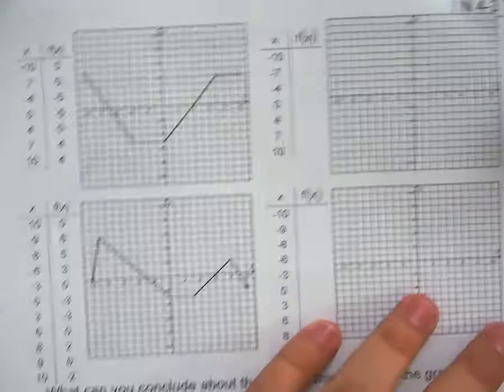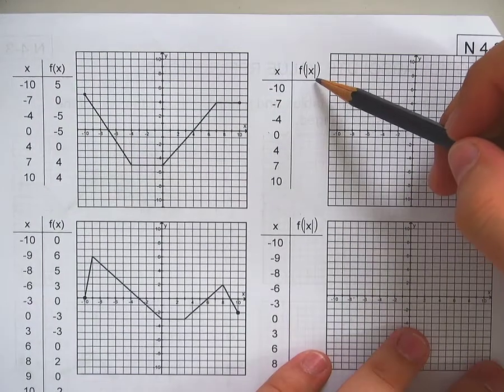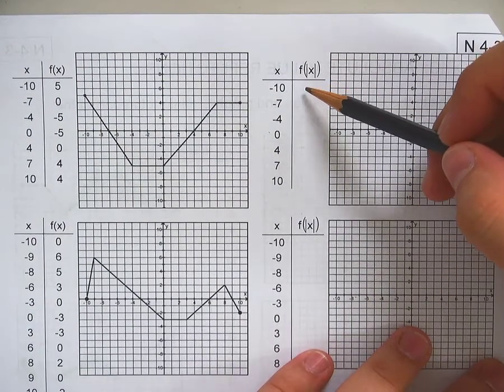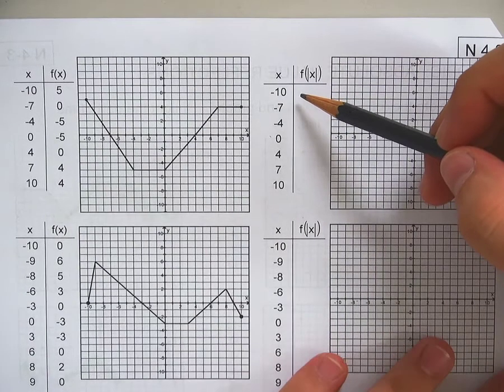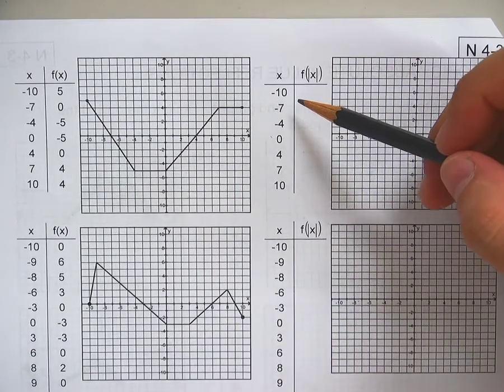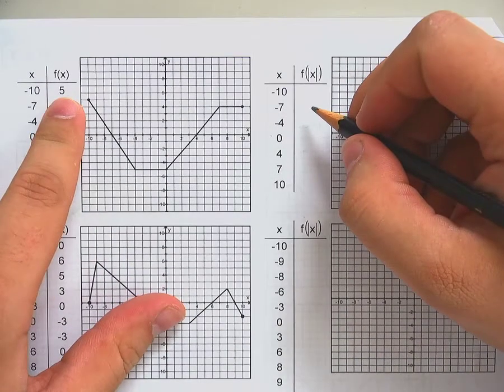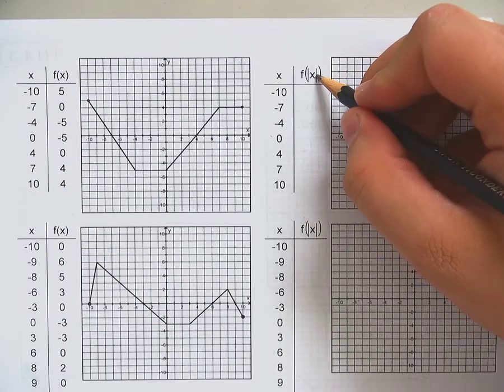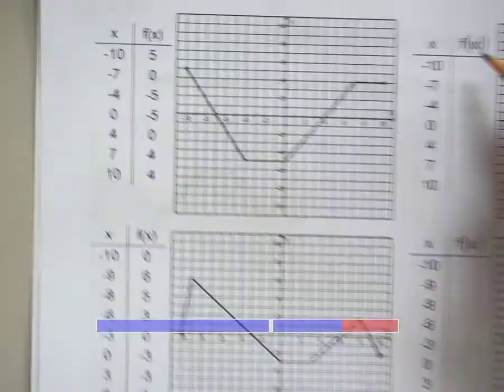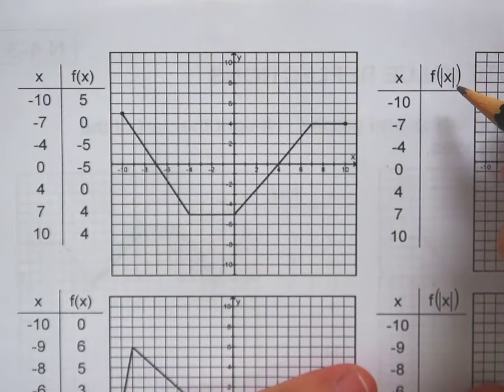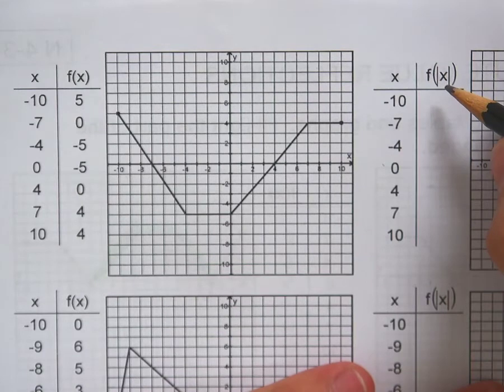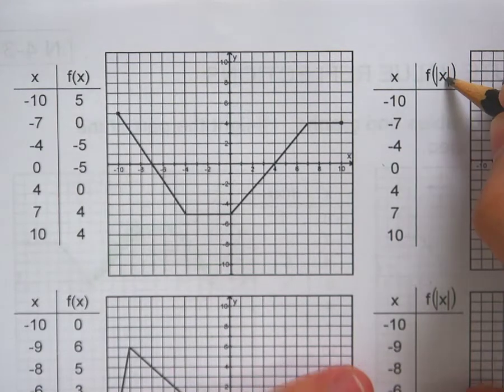What if the absolute value is on x instead of y? Well, now it gets a little bit different. See here, when x is negative 10 and y is 5, it wants f of the absolute value of x. So let me zoom in on this part right here just so you can get a good picture of this. It wants f of the absolute value of x.